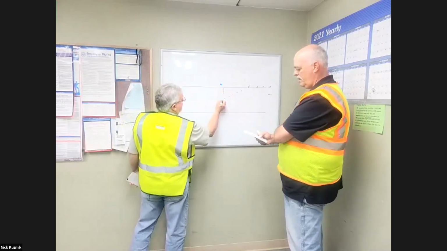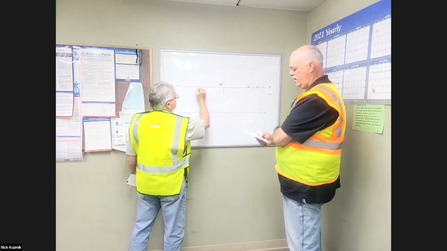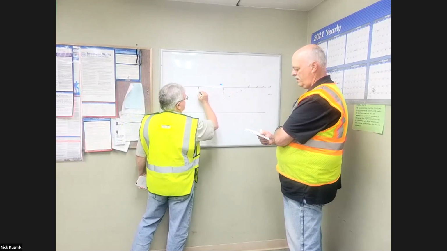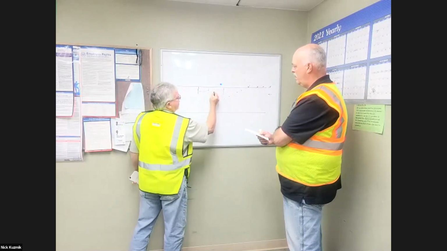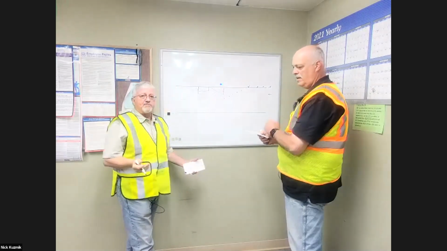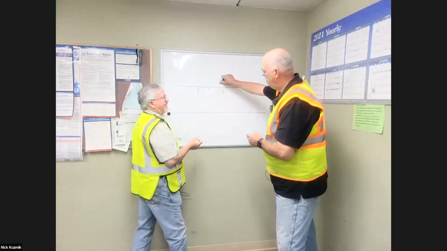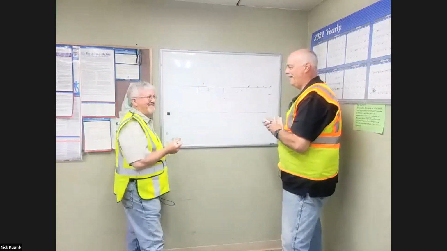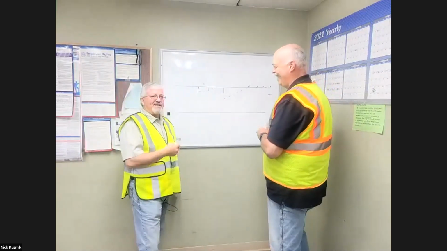And then this next part here will be your work zone. So from here to here, the work zone isn't going to be in this area here. This part right here will be your buffer zone. The purpose of the buffer zone is for when somebody's not paying attention while they're driving.